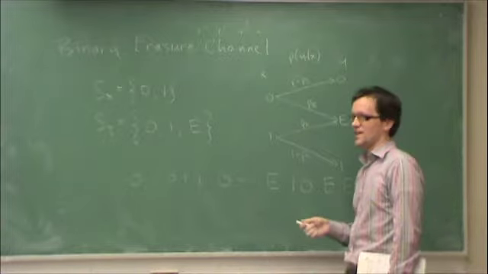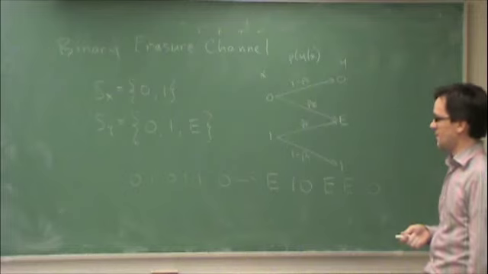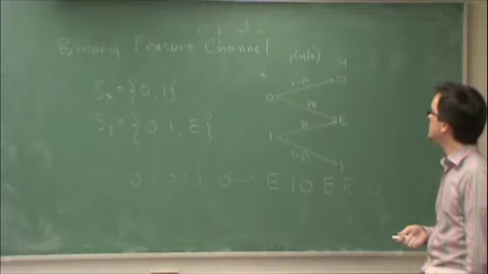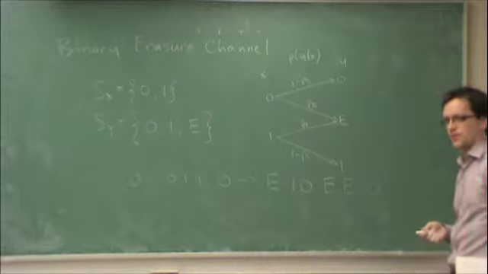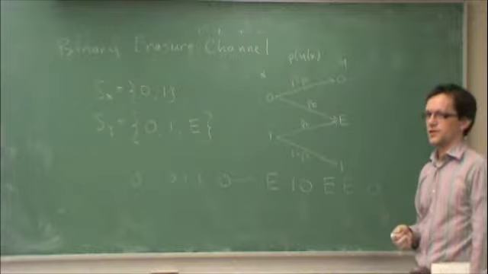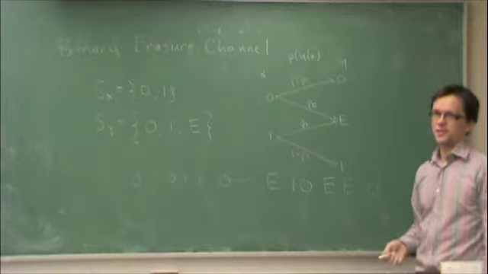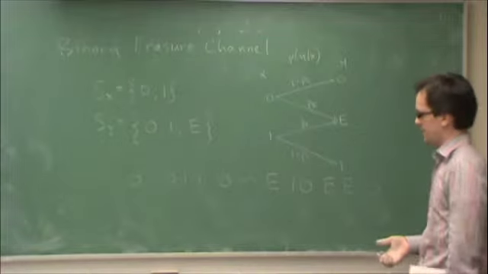But if I observe an E, I have no idea what was transmitted. This channel model has been used to model dropped packets on the internet. So if I observe a bit, I know for sure that that was transmitted error-free, but some of the packets might have been dropped. So in that case, I have no idea what might have been transmitted.